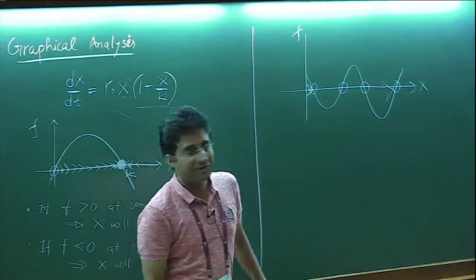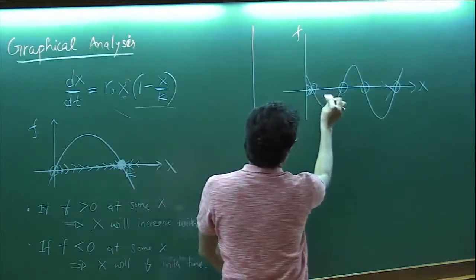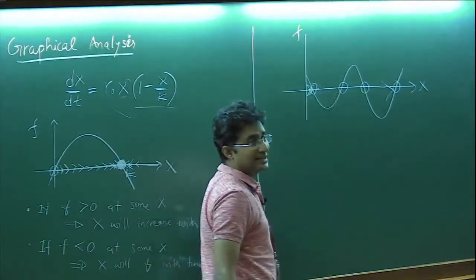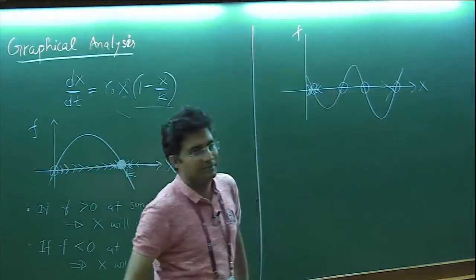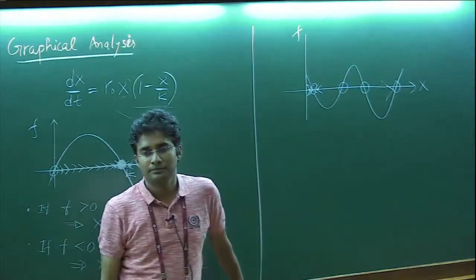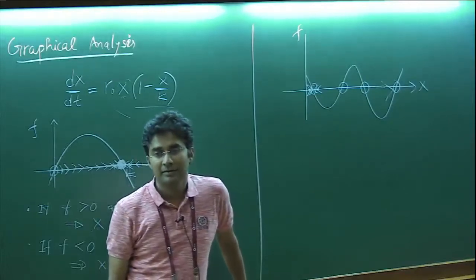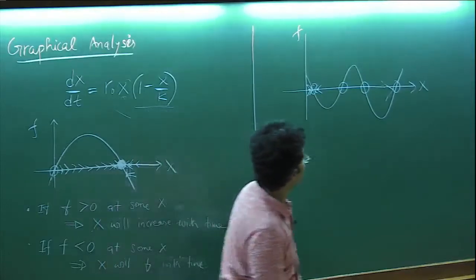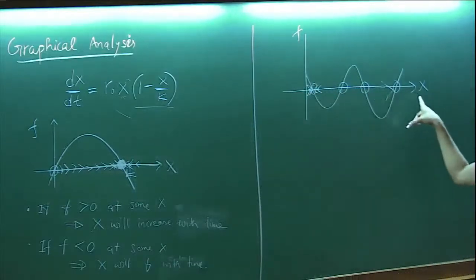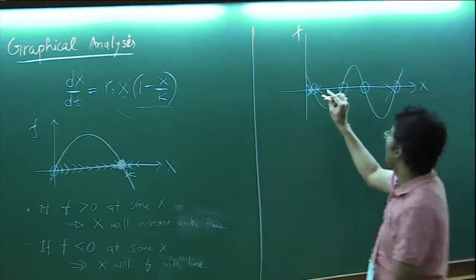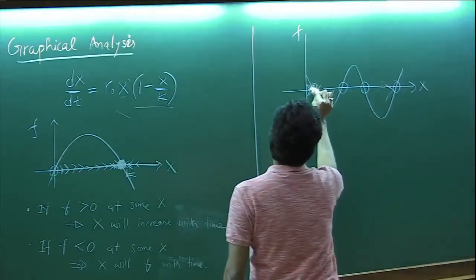On the other hand, if I increase the population size, the growth rate is negative. Therefore, any increase will be diminished. I never said where x is 0. x is 0 only here. f is 0 at all these intersection points. Okay, so is that clear now? Because of that, this is a stable equilibrium.